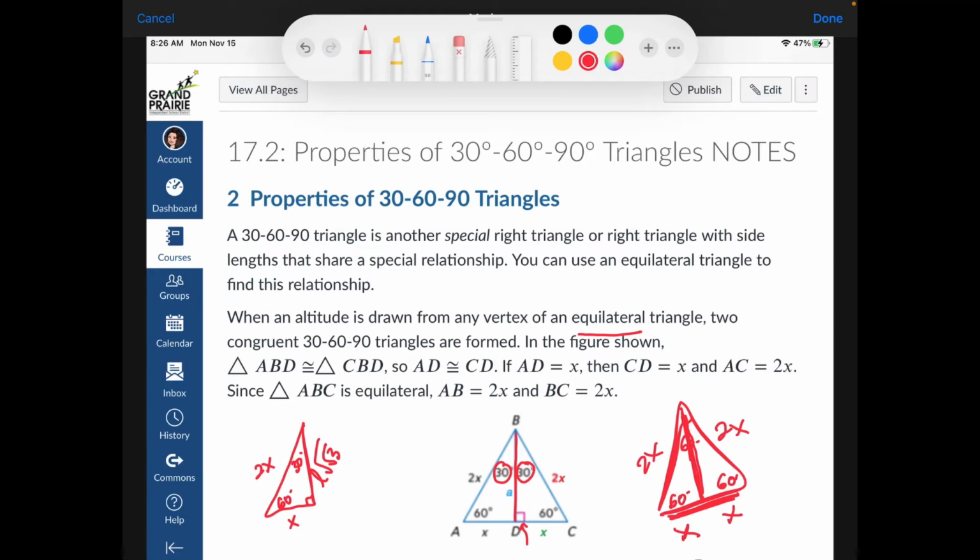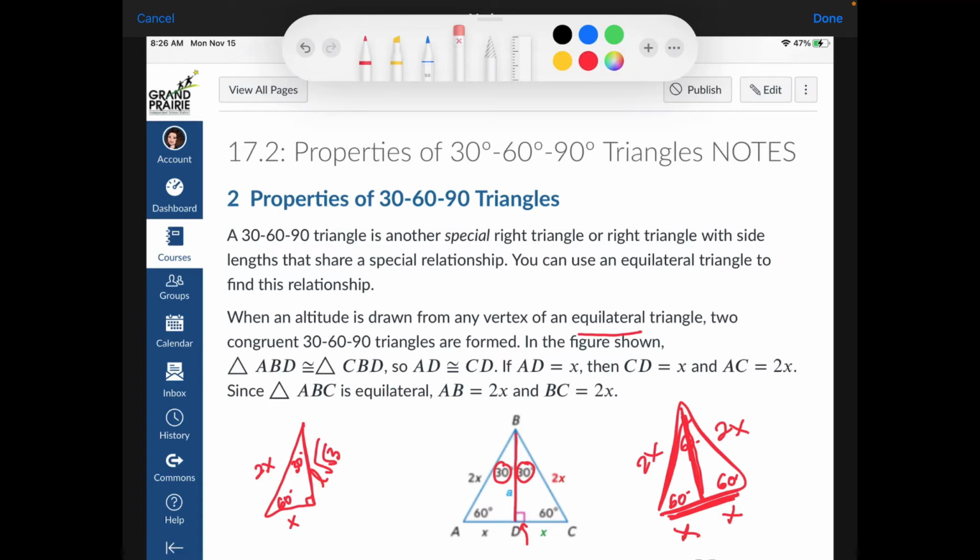If you did the Pythagorean theorem, a squared plus b squared equals c squared, you would find that is what the long leg measures. We can use this to help us find missing side lengths. And this should also be in your formula chart, so you don't have to memorize those.